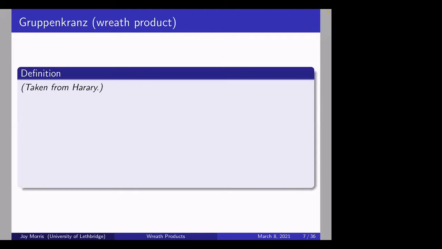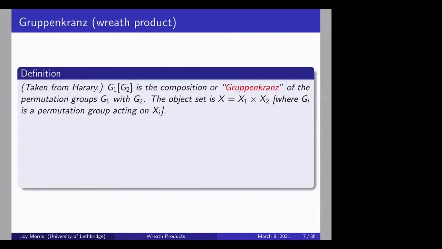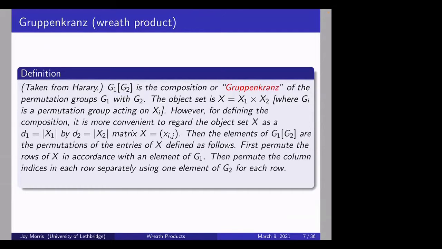So here's how Harari defined the Gruppenkranz. He called this the composition or Gruppenkranz of the permutation groups G1 with G2, and this is the notation. The object set is the direct product of the sets on which the two individual groups are acting. But he likes to think of the object set as being a matrix with the columns and rows indexed by the two sets.